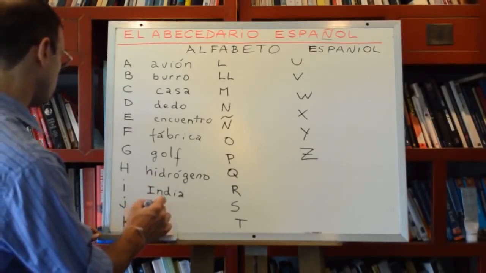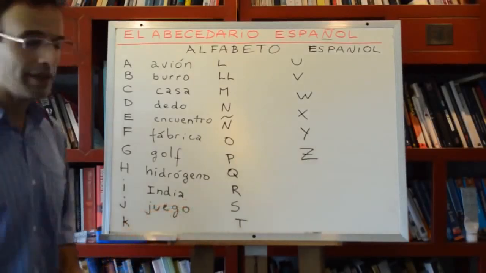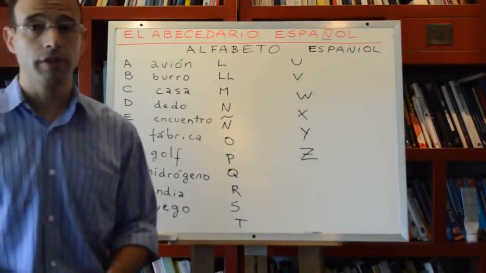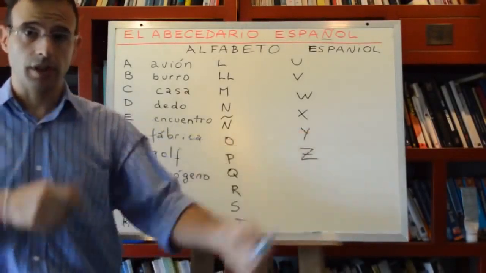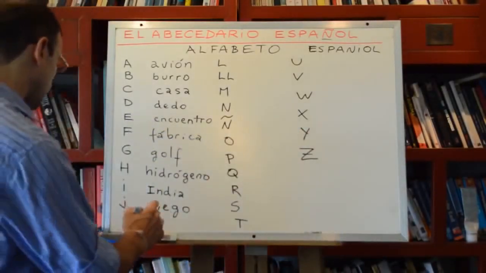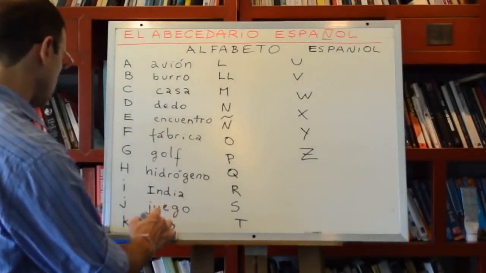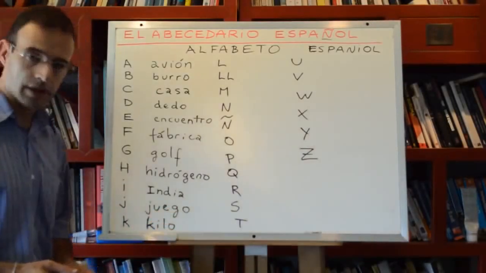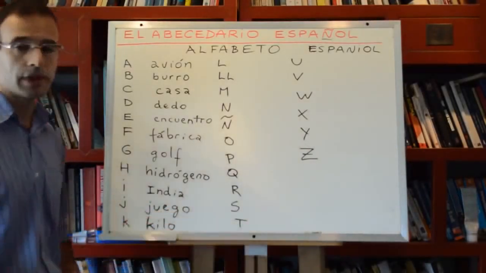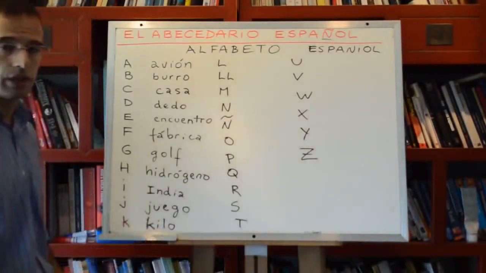Juego, for game, and I am not talking about game for hunting, but game for playing. Kilo, with K, can work for kilogramo, or kilómetro, or whatever starts with kilo.